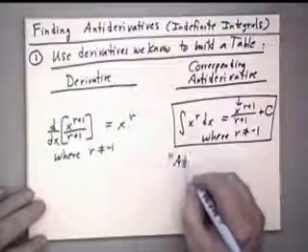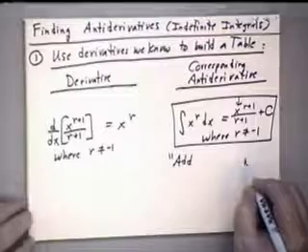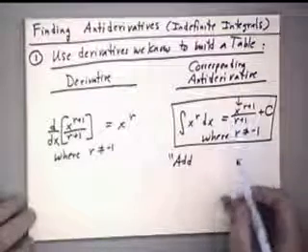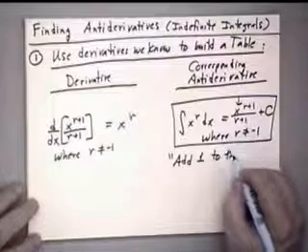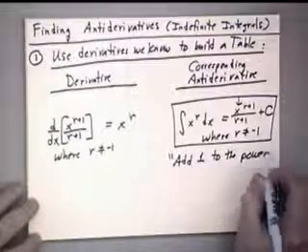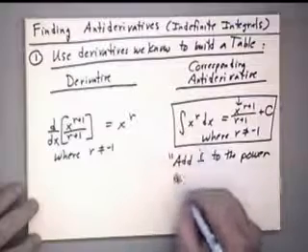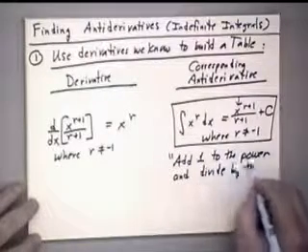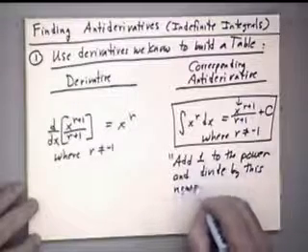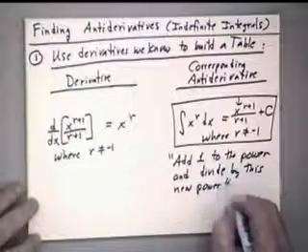Very often it's helpful to have these verbalizations of rules for antiderivatives or for derivatives for that matter. So let me write this down. Add 1 to the power: x to the r here, you add 1 to the power, and then what do you do with that? You divide by this new power. That's one way to remember this rule.